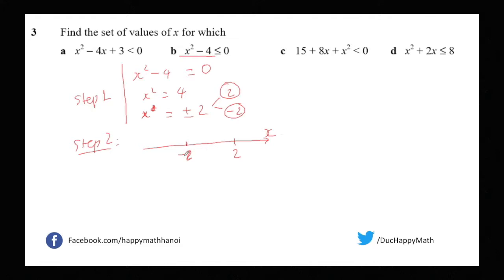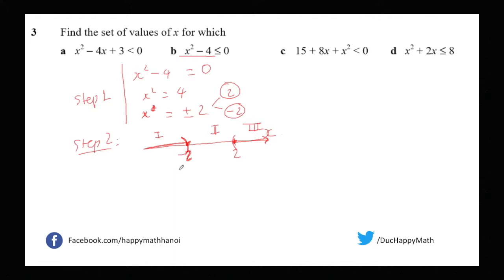These two values divide the x-axis into 3 parts. Part 1 covers values less than minus 2. Part 2 covers values from minus 2 to 2. And part 3 covers values of x greater than 2.